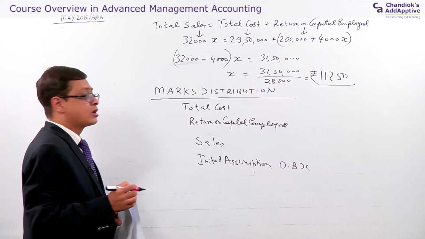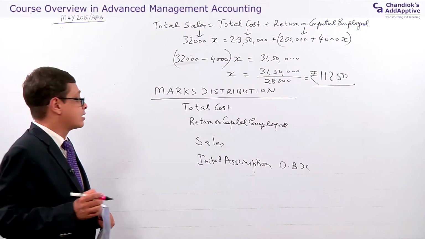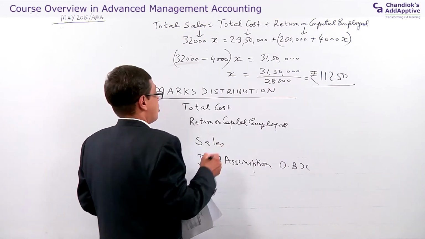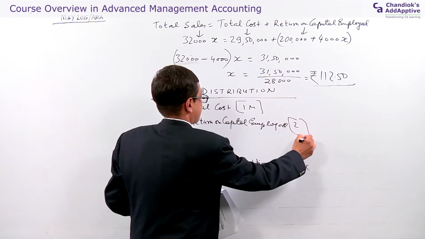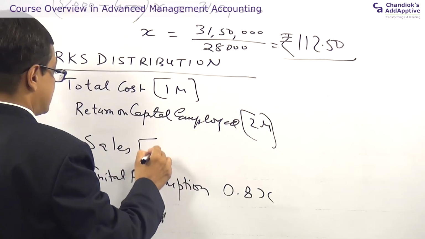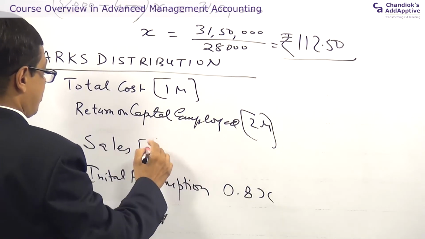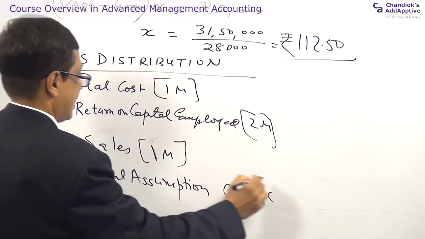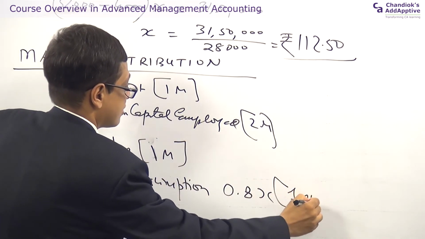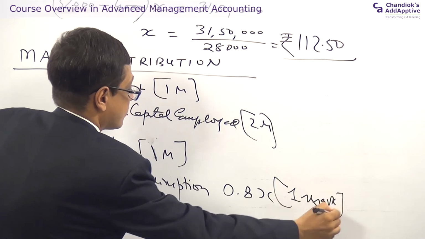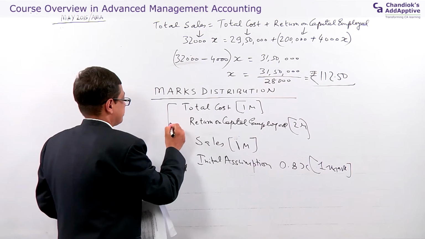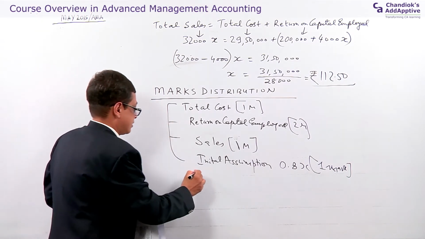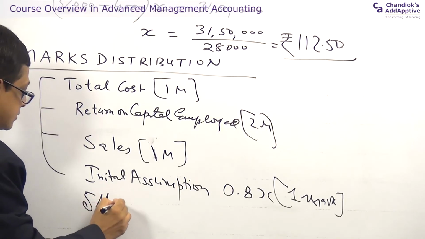These are the four components on which the marking happens. So 1 mark for this, 2 marks for this, this is again 1 mark, and this is 1 mark. If you have given all the 4 points mentioned here, you get your 5 marks.